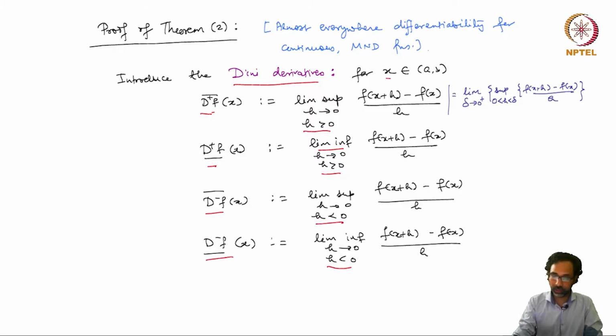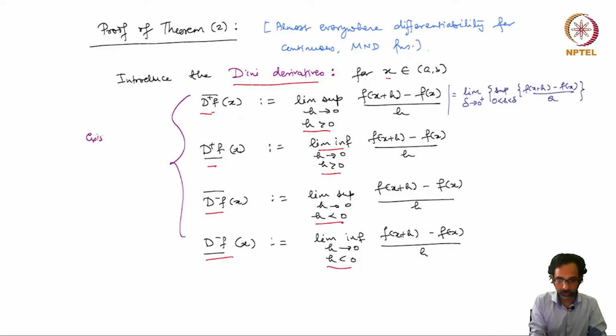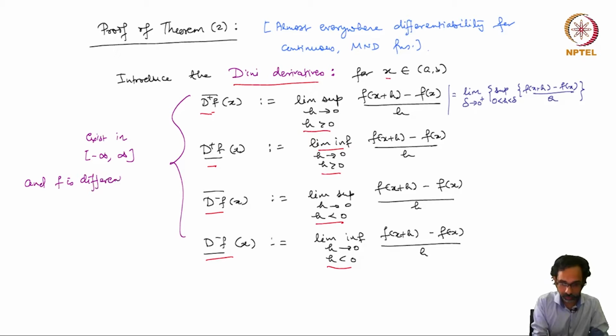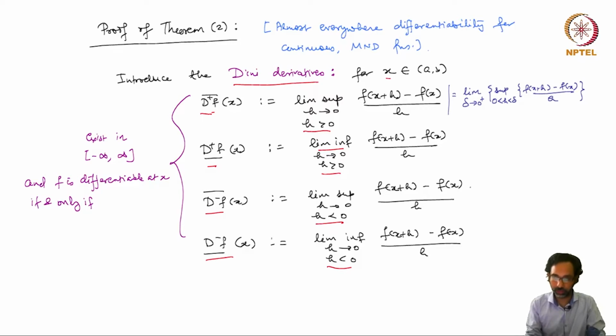So all these Dini derivatives exist in the extended real numbers, minus infinity to plus infinity, and f is differentiable at x if and only if all the Dini derivatives coincide.